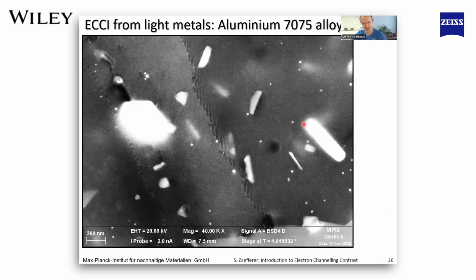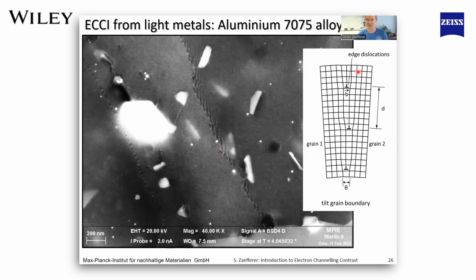Let's look at another picture. Here again, the strong particles are appearing white. But what I want to point out are these dislocations here, which are in this case not a twist grain boundary but a tilt grain boundary. And we know a tilt grain boundary consists of sets of dislocations next to each other, and they make the rotation like that one.